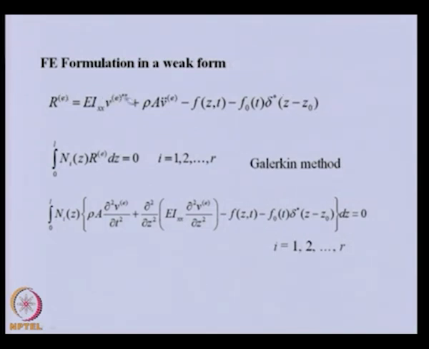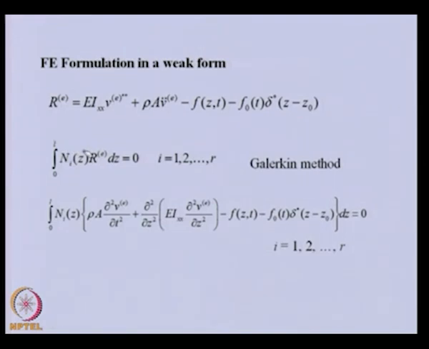This governing equation which we derived earlier was valid for each and every point on the beam. So, obviously, it will be valid for a particular element also. That is why we have substituted the solution of the element in this. So, we got some residual, and using the Galerkin method, by multiplying by some weight, and in this particular case this weight will be the shape function of the problem itself.